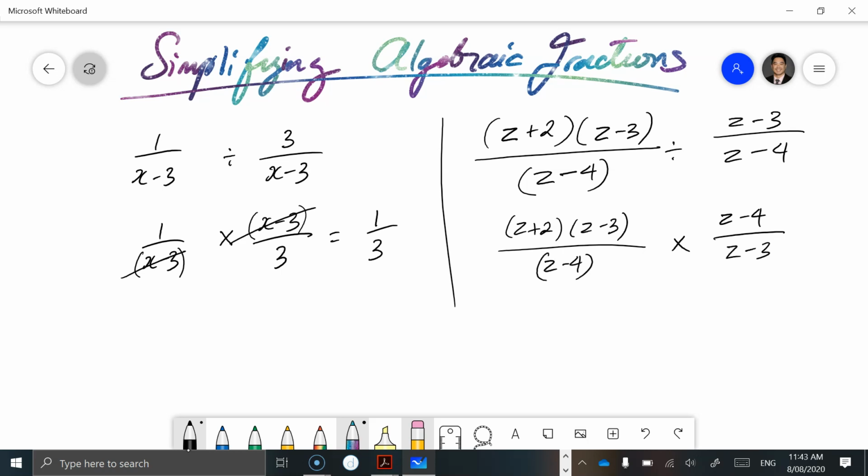Okay, so now what we have is common brackets here that we can cancel out, and diagonally we can see that the z minus 3 can cancel out with that z minus 3. All we're left with is z plus 2 as your answer.